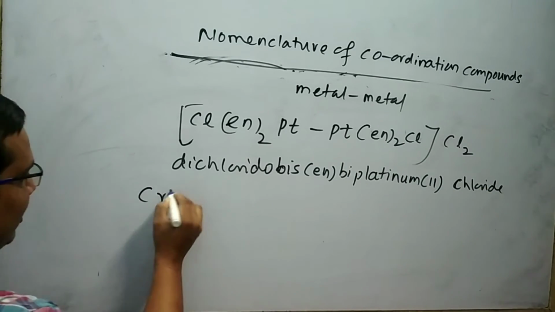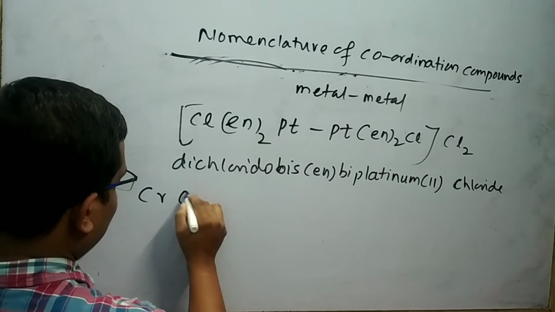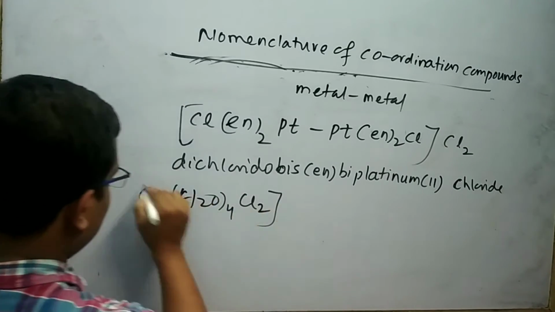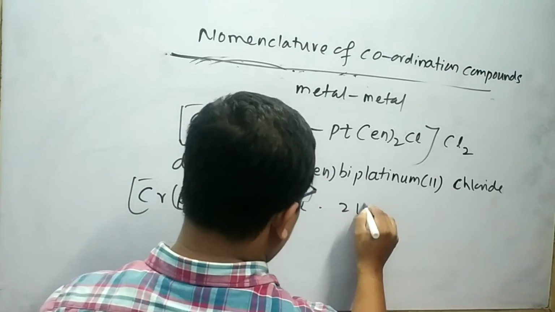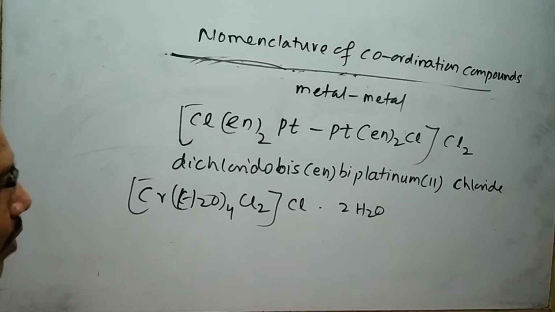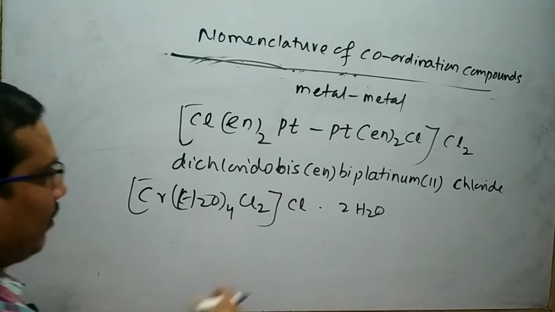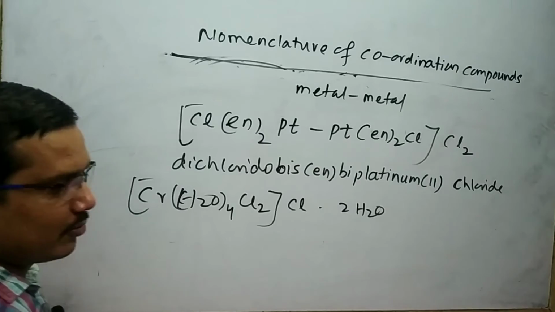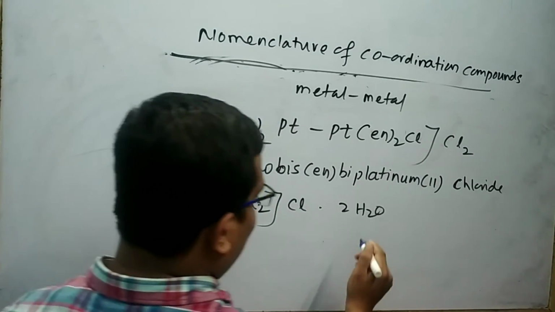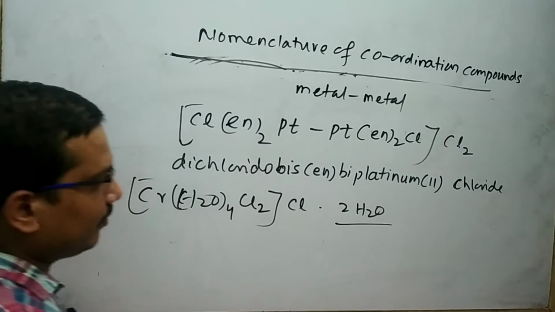Suppose I take another example: [Cr(H2O)4Cl2]Cl·2H2O. This is an example of water of crystallization. For naming such type of compound, generally we use some extra word for this water molecule.